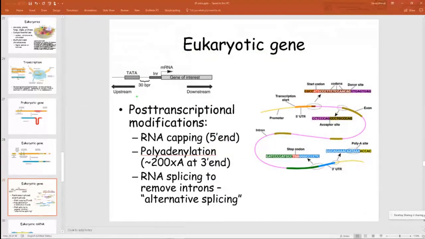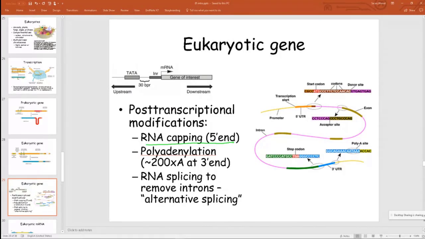All right. In eukaryotic genes, we have post-transcriptional modifications that the prokaryotic genes don't have. What that means is after the RNA polymerase molecule has transcribed a DNA into RNA, that RNA molecule gets some additional modifications performed on top of it. RNA capping is one of them, where you get one special nucleotide.